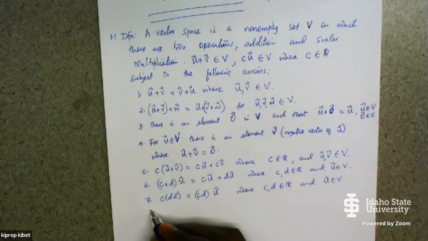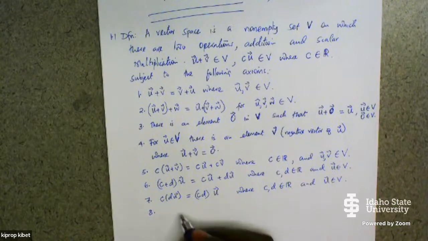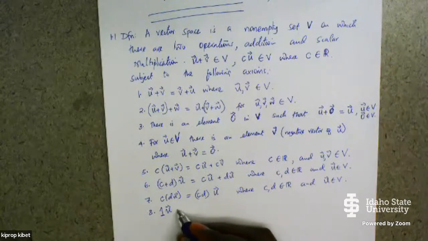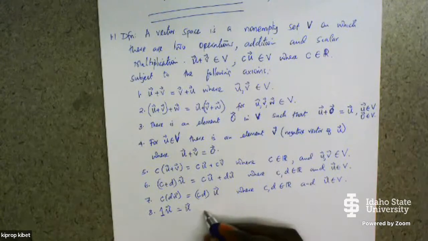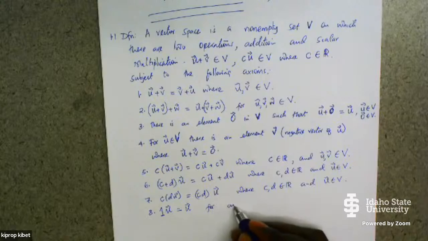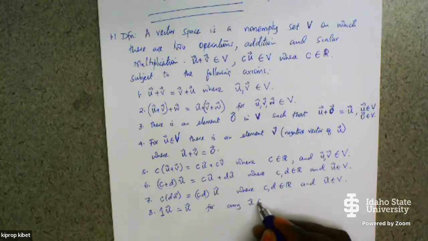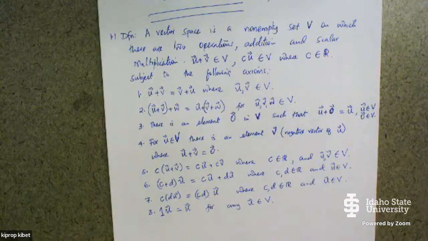And then finally, number 8, if we have the identity 1 and u, this is the same as u for any u element of V. So those are the main axioms that should be satisfied for this to be a vector space.